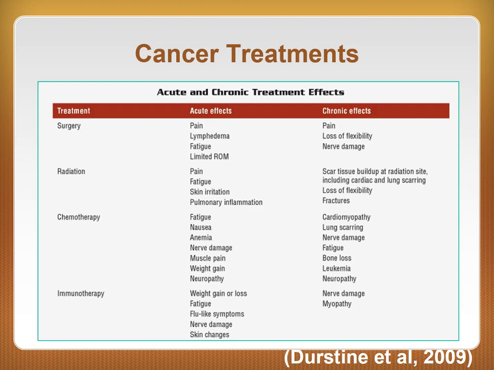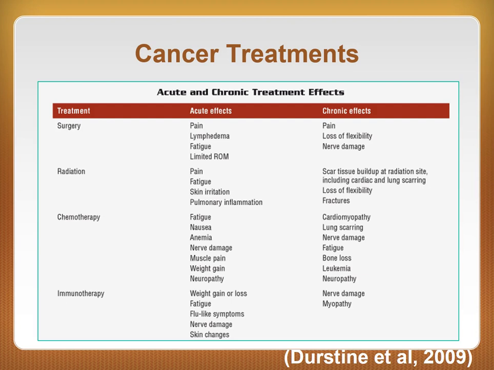Radiation therapy is a type of cancer treatment that uses high doses of radiation to kill cancer cells and shrink tumors. The acute effects include pain, fatigue, skin irritation, and pulmonary inflammation, and the chronic effects are a bit different, including scar tissue buildup at radiation site, loss of flexibility, and fractures.